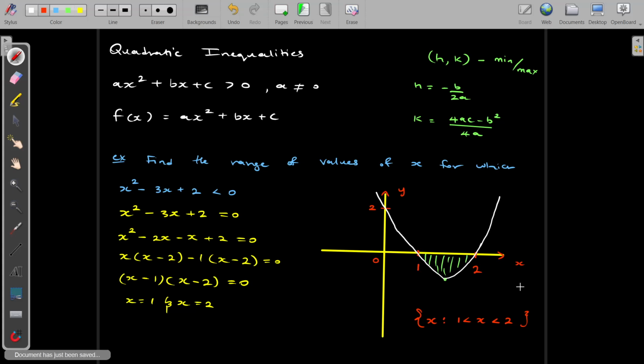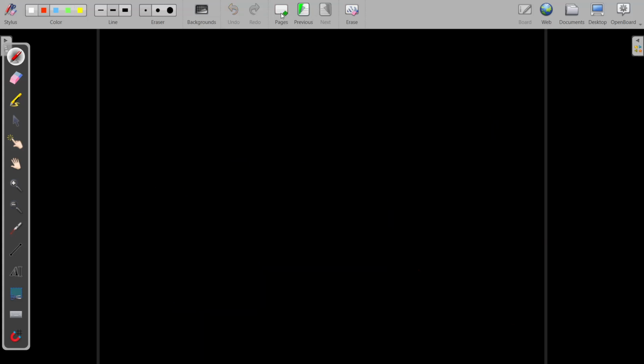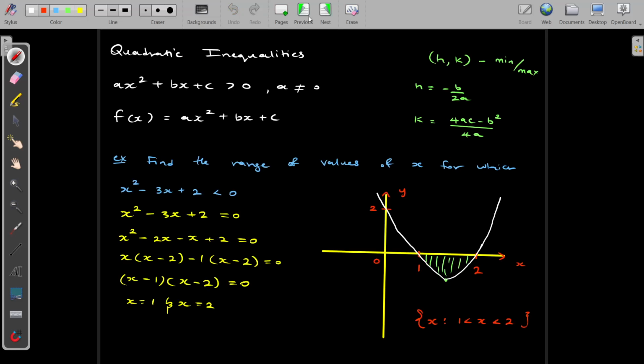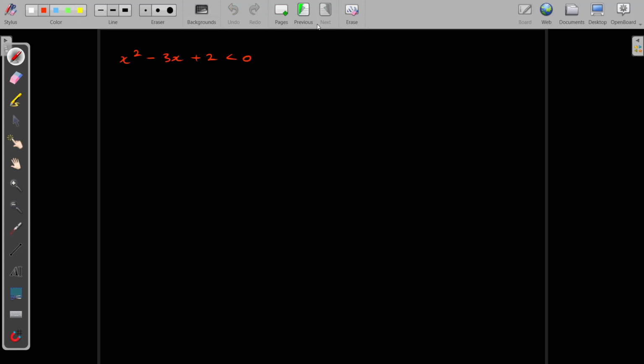And remember, that if this is our function here, write it on another page. So that's x squared minus 3x plus 2. So that's x squared minus 3x plus 2 is less than 0. Another way we can express this is the same thing as f of x, right?